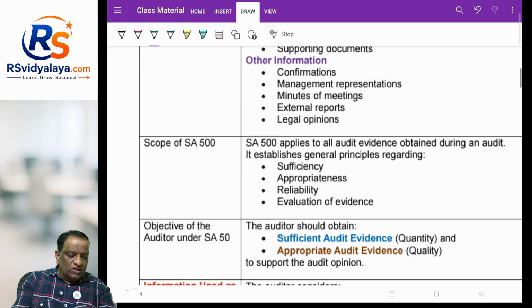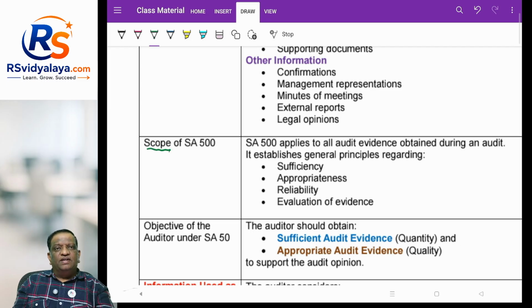Then, what is the scope of SA 500? What does it cover? All that it says is that whatever audit evidence you are gathering should be sufficient and appropriate. That is why we use the words sufficient, appropriate audit evidence. Then comes the question: what do you mean by sufficiency? What do you mean by appropriateness?